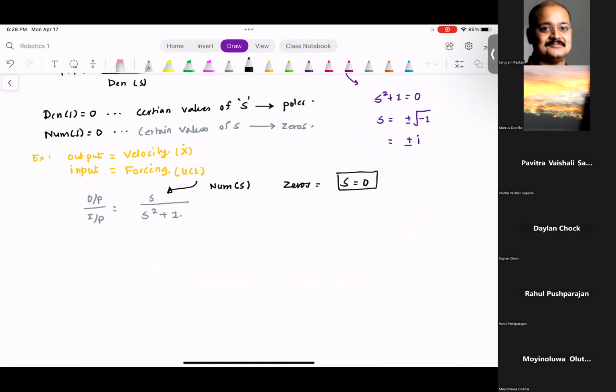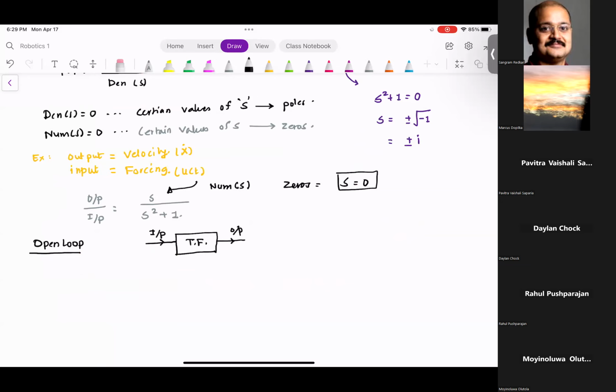If it's an open loop transfer function, you have an input, a transfer function, and an output.